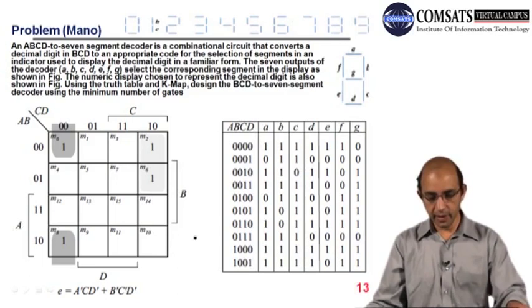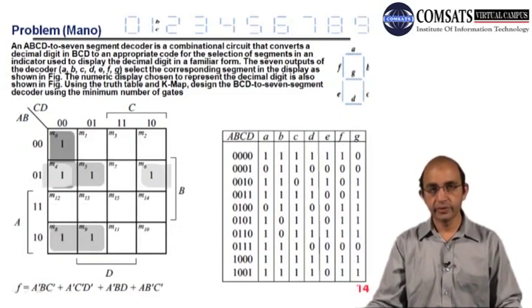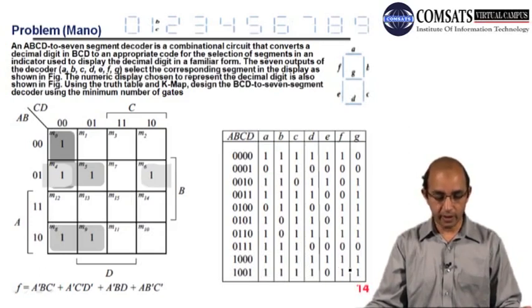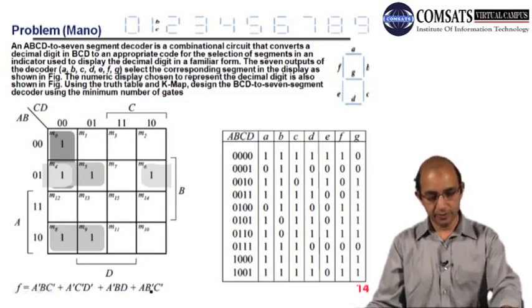And then if you talk about F, we have M0, then we have M4, M5, M6, and then finally we have M8 and M9. So here you can see that we have this pair, and if I flip, I will be having M4 paired with M6, M8 and M9. So I will be having 1, 2, 3, 4 pairs. So you can see that we have 1, 2, 3, 4 terms.